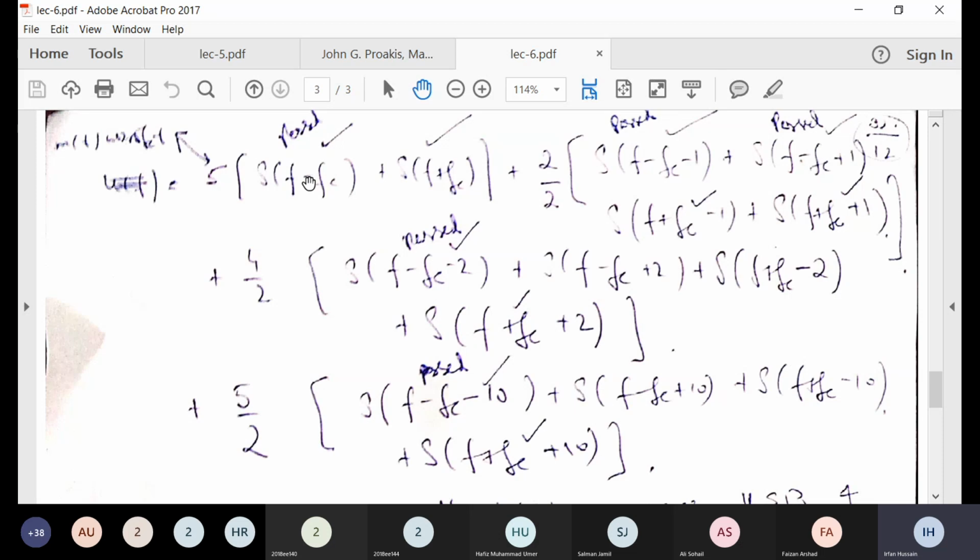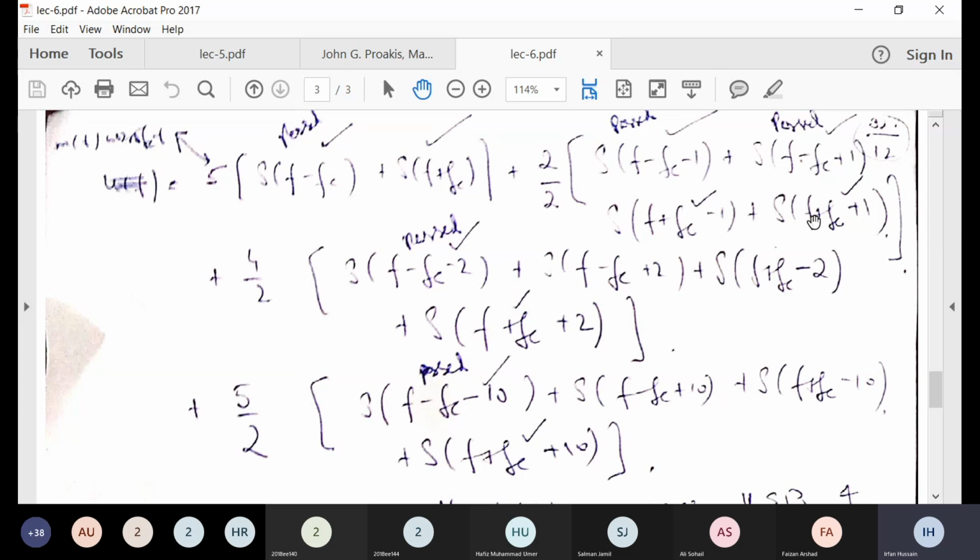This is the carrier, standing at the carrier. So this also will be passed, and these two are again at fc plus 1. This is also a frequency greater than fc. This is also upper. So this and this will also be passed.